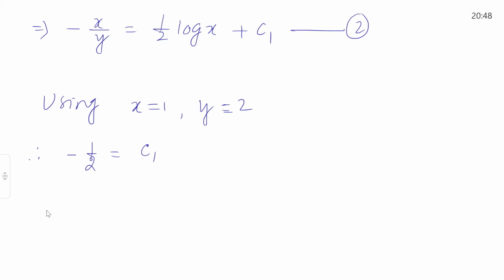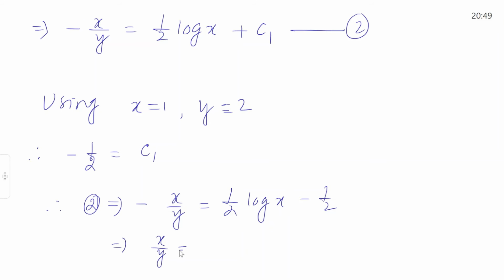Use it in 1, therefore 2 implies minus x by y is equal to half of log x minus half. That means I can write x by y is equal to half into 1 minus log x.